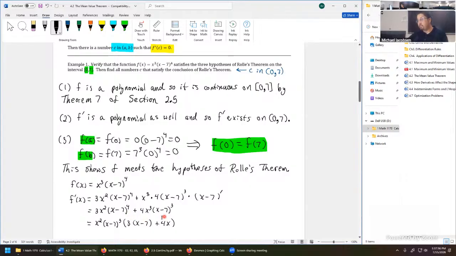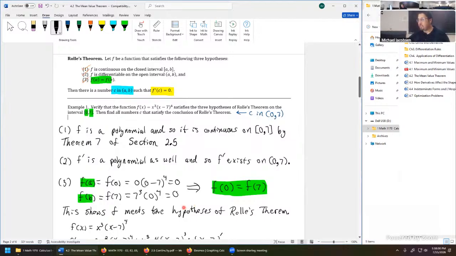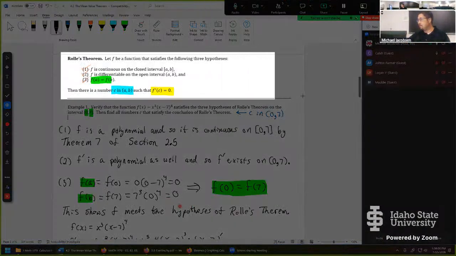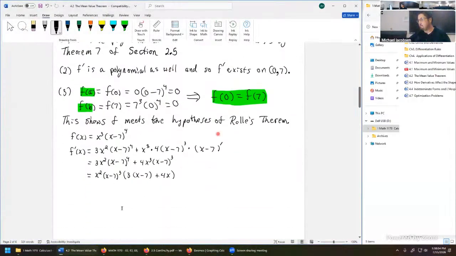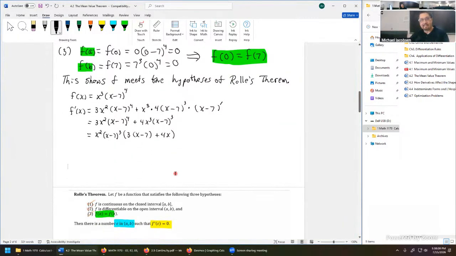Next thing we should do is just simplify the thing on the inside. And let me carry this down so we can see it as we continue to scroll. This one's taking a little bit more space than expected. So next stage, we have x squared times (x minus 7) cubed times (3x minus 21 plus 4x).